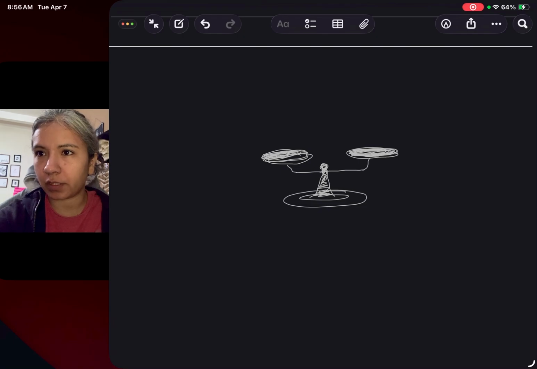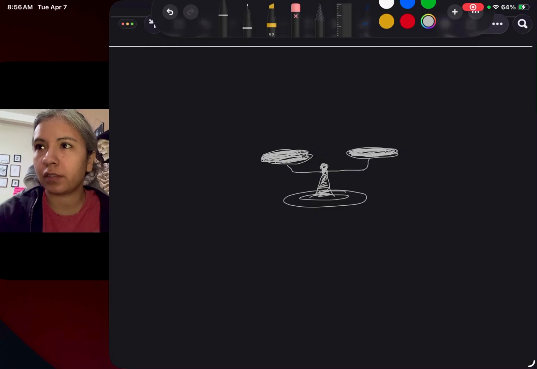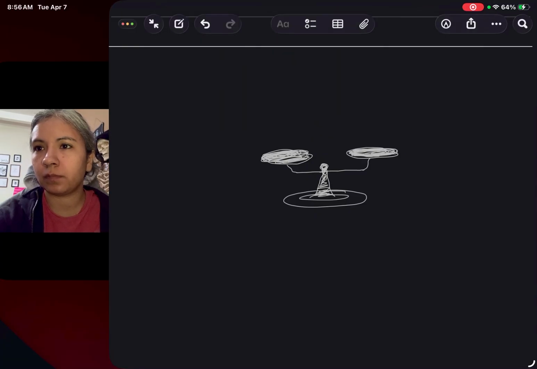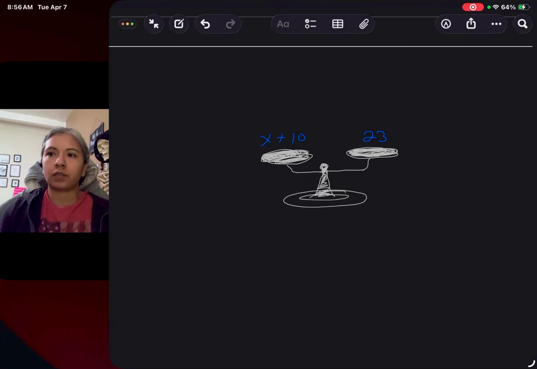So instead of doing an equal sign for an equation like x plus 10, instead of equals, we're just going to do x plus 10 here and 23. So x plus 10 equals 23 would be the equation, but these sides are equal.